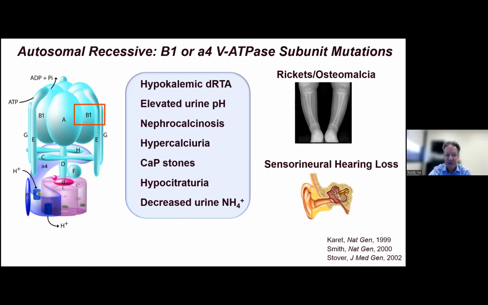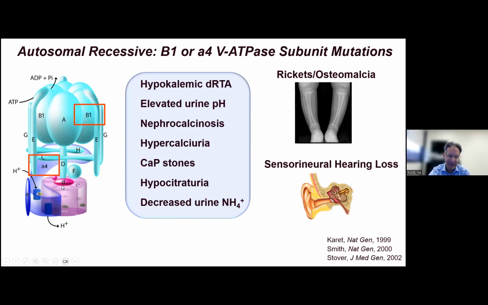Okay, so different organs involved, again, a multi-organ disease, and not just, as you see here, a problem with pH. All these different transport processes, the hypokalemia, the hypercalciuria, the stones, there's more than just acid-base abnormalities in these patients. We'll talk about that in a second. In other patients, they have the A4 subunit that's defective.